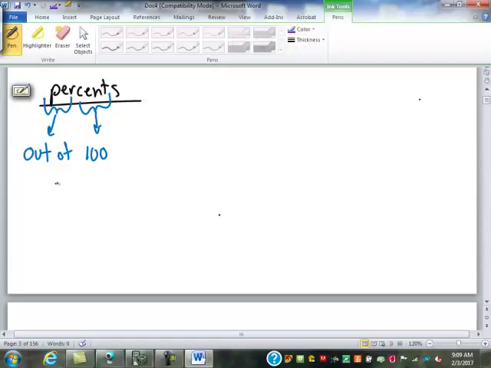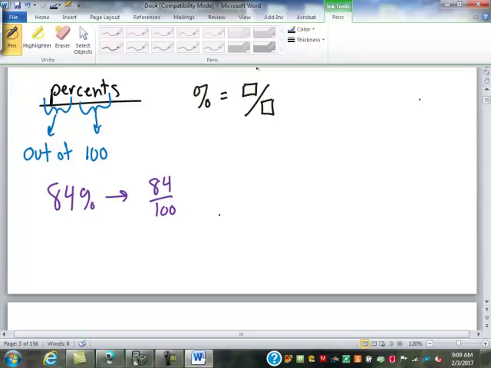So if you have 84%, that literally means 84 out of 100. In fact, that percent symbol that we're used to comes from this symbol here, which is just a generic ratio or a blank fraction.